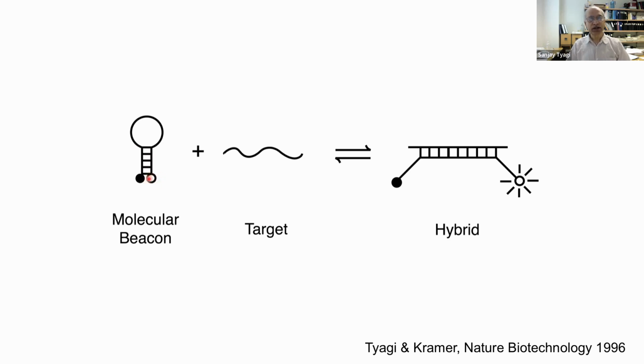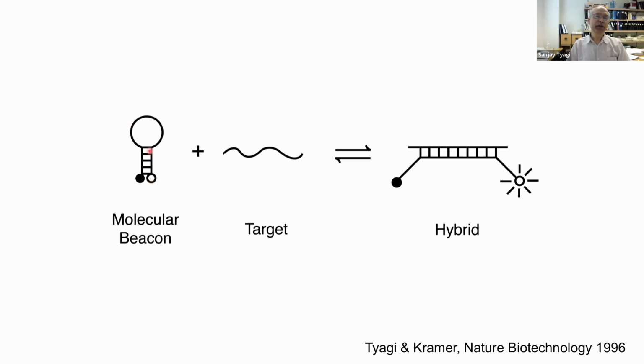At one end, you attach a fluorescent dye, and at the other end, you attach a quencher dye, which is not fluorescent by itself. In fact, it has no fluorescence. It's a non-fluorescent chromophore. We chose a dye called Dabsyl, and when the two dyes are close to each other, they will be in some kind of FRET distance, and the fluorescence will be diminished.